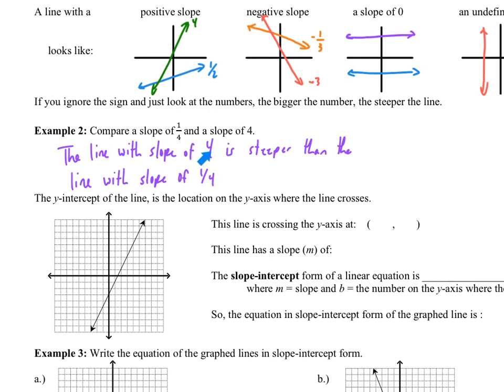This line would be rising 4 for every one of its runs. This line's only rising 1 when it runs 4 units.